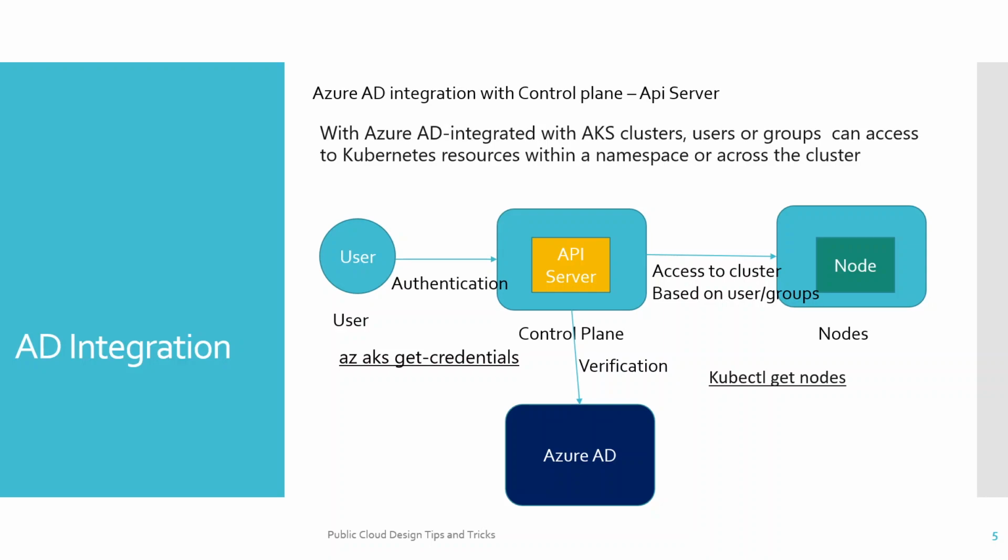That eventually updates your kubeconfig with the necessary secret information, like the certificate to connect to the API server, and the access and refresh token in the form of a JWT token, for the next level of verification. Once it gets updated, subsequent access to the API server gets validated with Azure Active Directory, and then, based on Kubernetes RBAC, the consumer gets access inside the clusters or the nodes. We'll discuss this in detail in the subsequent slide.